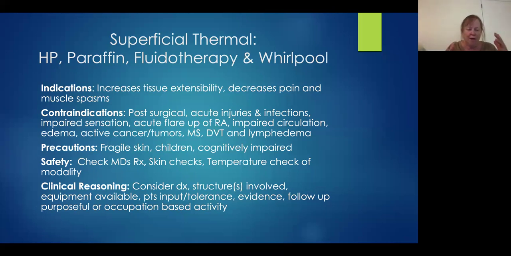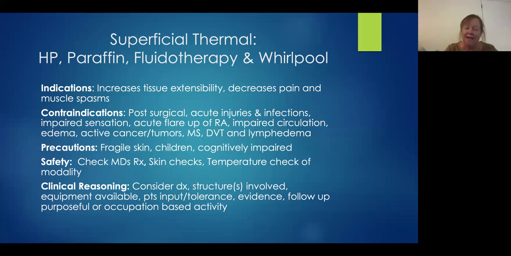Those are two completely different structures. And so you need to think about what would be the best modality. Obviously, I'm not going to do whirlpool on my shoulder, or I'm not going to do paraffin. And probably the best heat modality for me to use on the shoulder would be a hot pack. But then when I get down to the PIP joint, I have more of a choice.